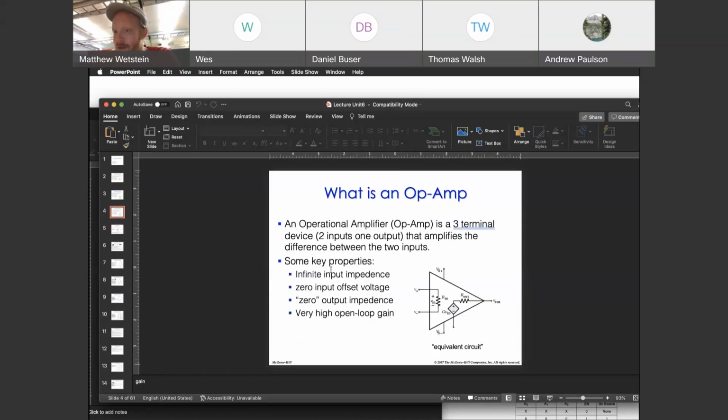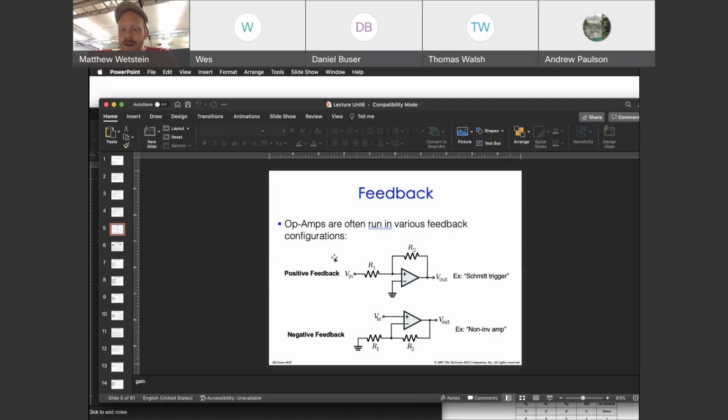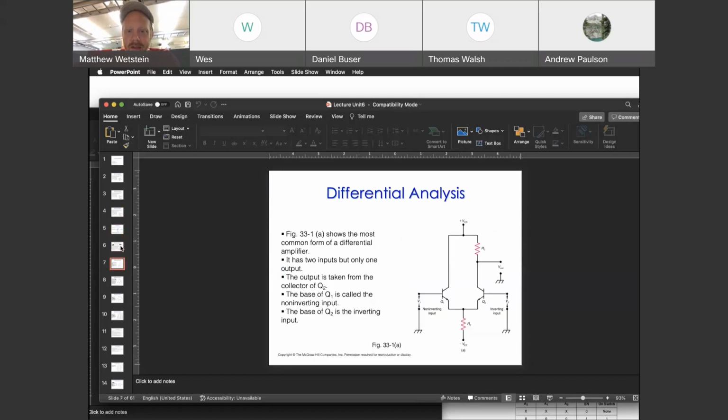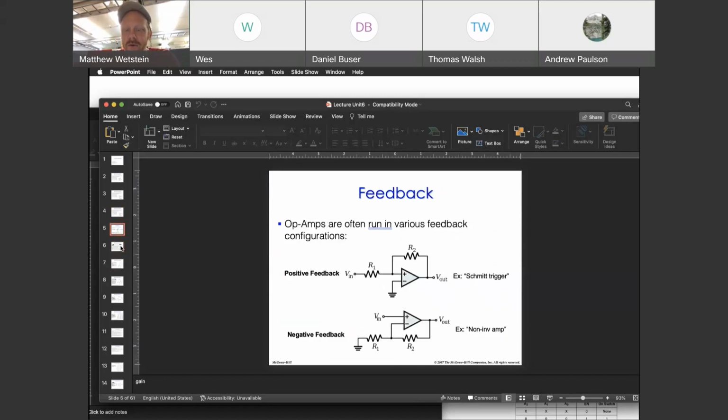The differential is an important piece, and it amplifies it by some huge gain that I theoretically need to specify, which is the open loop gain. Know also that you can combine op amps into feedback loops, and I need you guys to be able to recognize those feedback loops and know sort of how to calculate them.